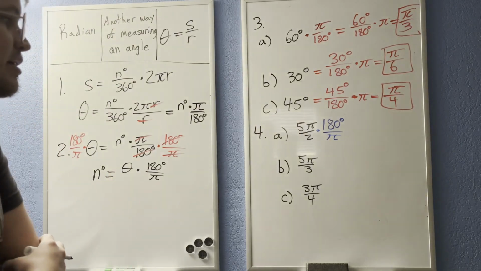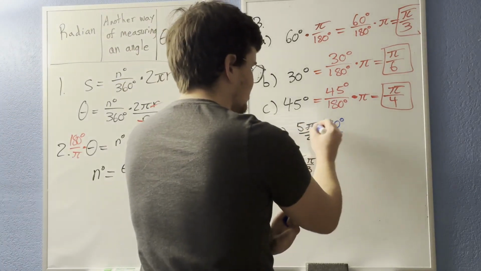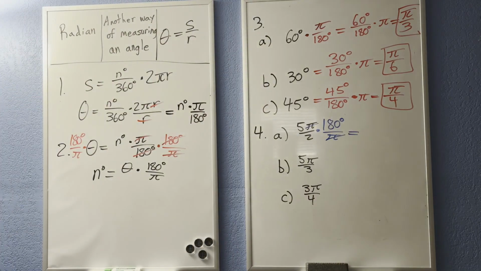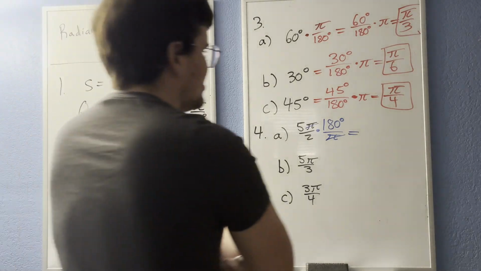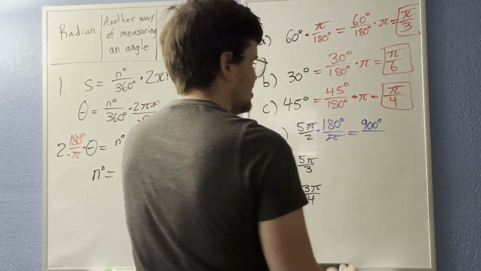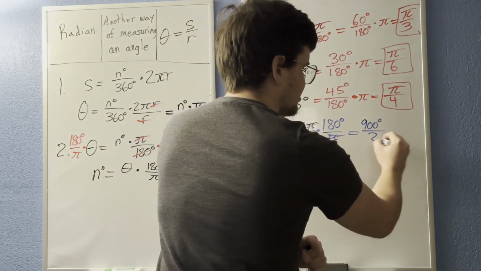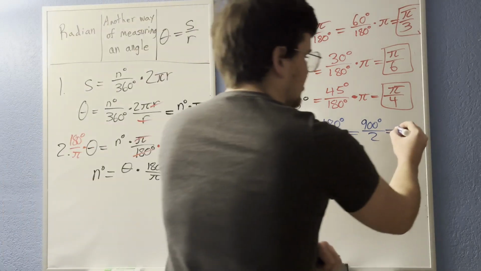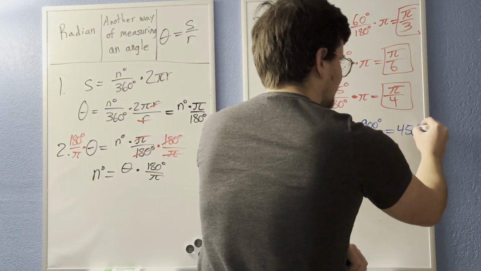And what's going to happen here is the pi's are going to cancel. I'm going to do 5 times 180, which is 900 degrees. And I still have this 2 here, so divided by 2. And I'm going to be left with 450 degrees.